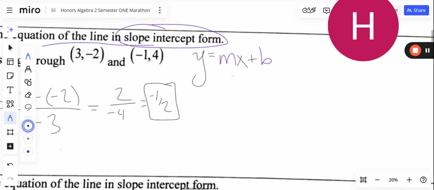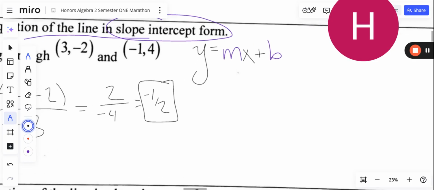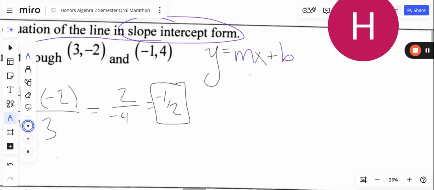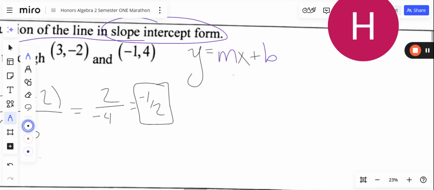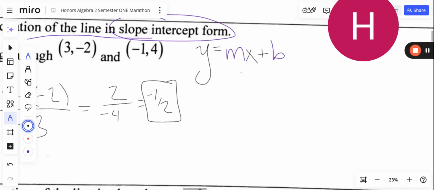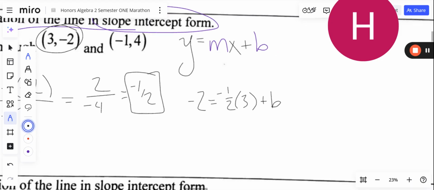Now we need to use the slope along with some point. One of the points, they gave you 2 to choose from. Pick your favorite. If you like 3 or if you like 4, pick your favorite, and we're going to plug that point in. So I'm going to choose this point. So that would be to say -2 equals the slope of -1/2 times 3, and then plus the b.